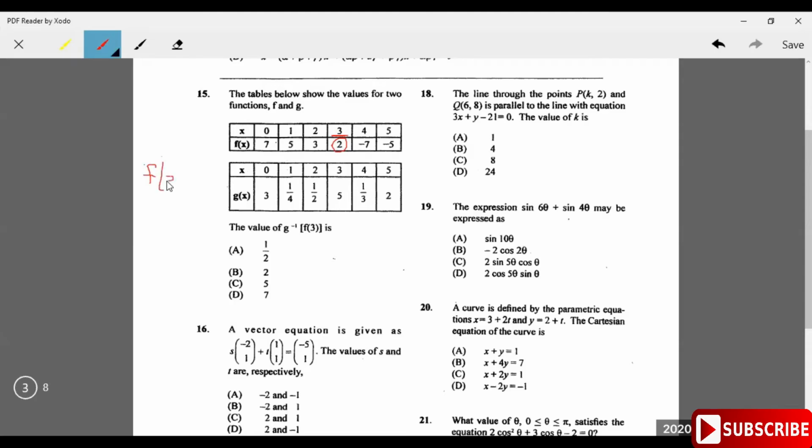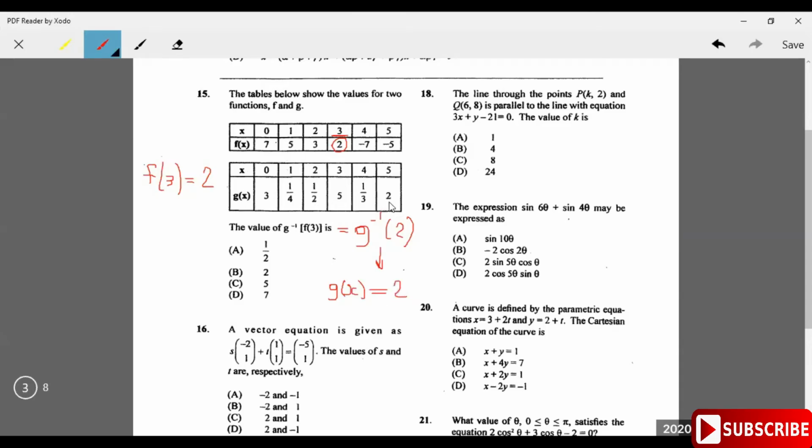Now, since f of 3 is equal to 2, what we want to find is g inverse of 2. Finding g inverse of 2 means finding what value of x gives us g of x equal to 2. So we're solving when g of x is equal to 2.